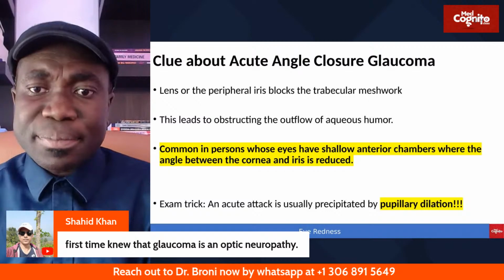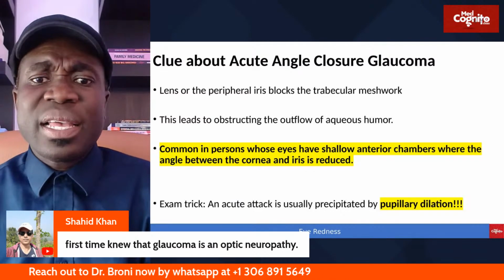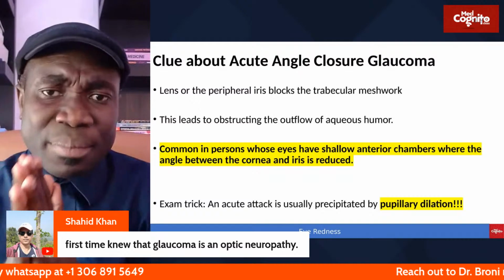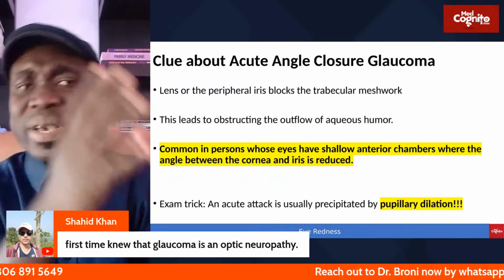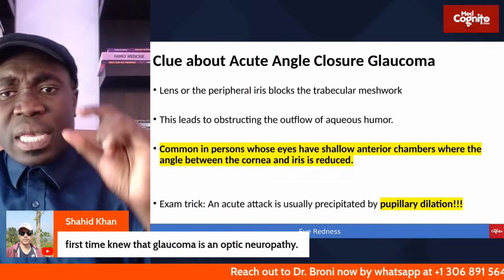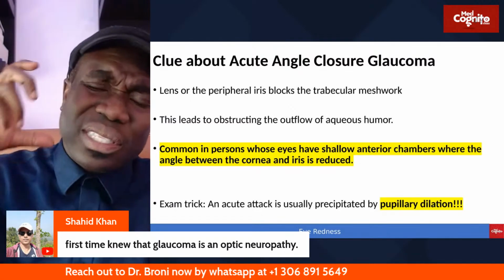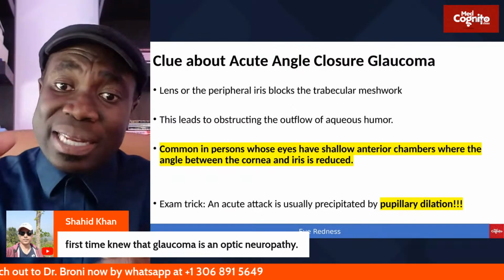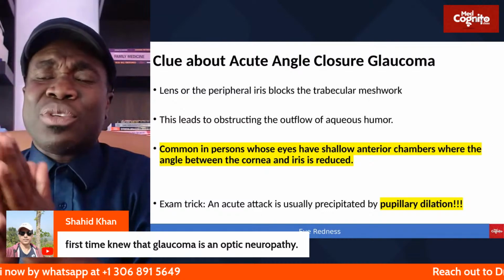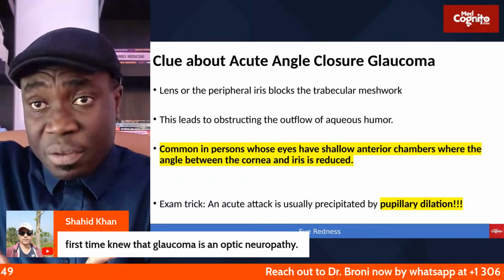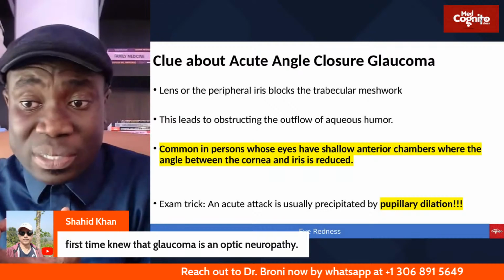In your board exam, whether as a medical doctor for the MCCQE1, USMLE, or whatever, all the time, think about this. An acute angle closure glaucoma attack is usually a result of dilatation of the pupils. I'm going to explain what is going on there.